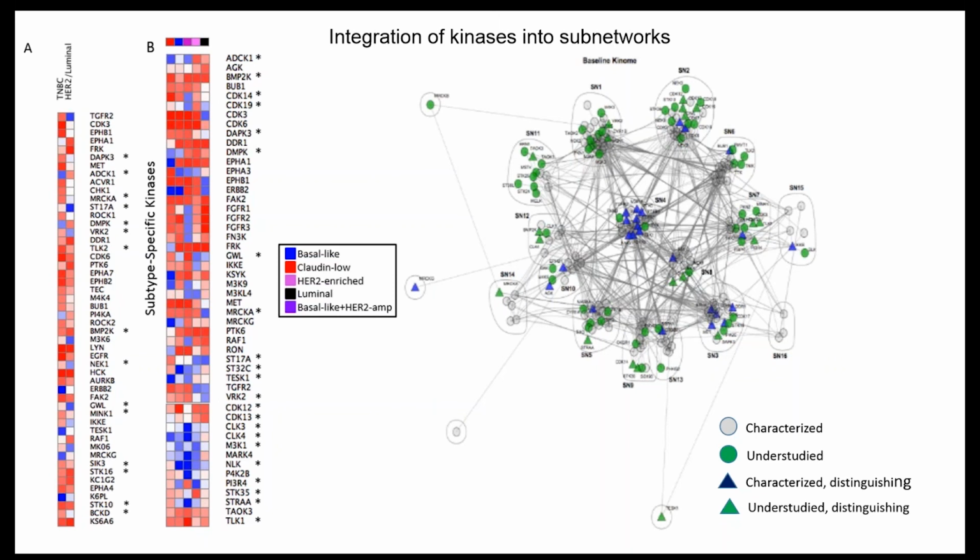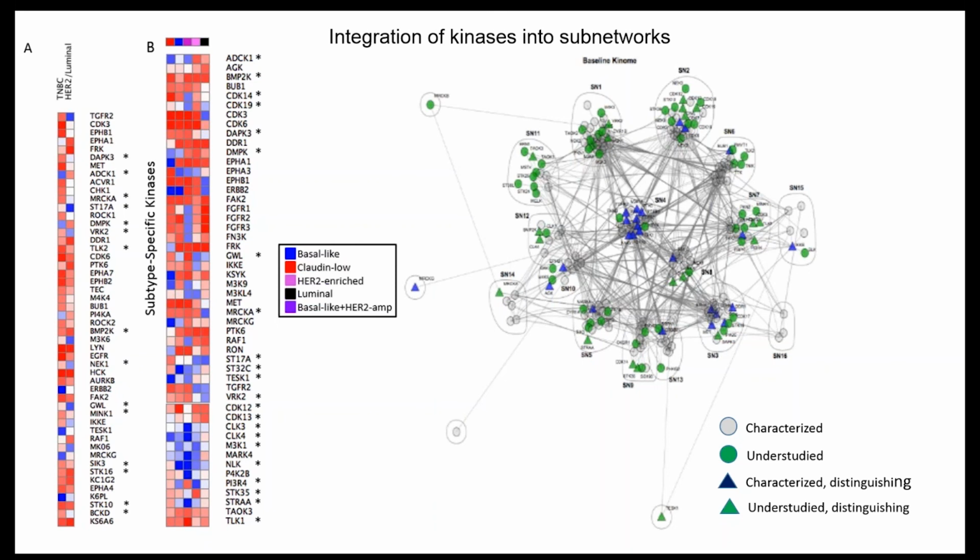And what you can do is take the kinases that we capture with our data and the protein interaction mapping. And you can do this with, as I have in the legend down here, the characterized kinases and the understudied kinases, distinguishing between them, with the multiplex inhibitor beads that allow us to subtype.